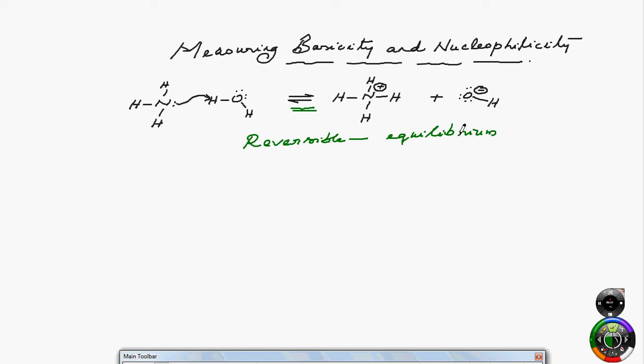So if you can measure pKa, we are measuring the basicity.